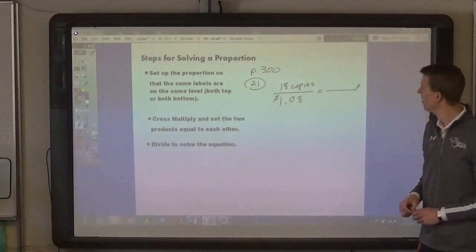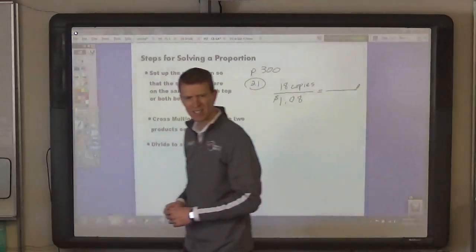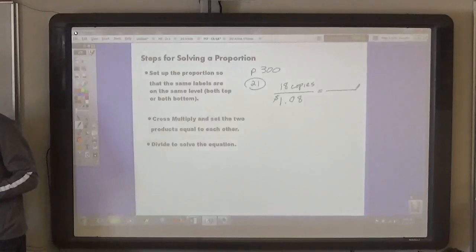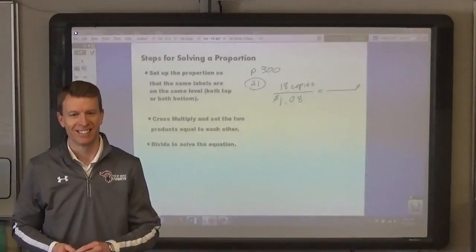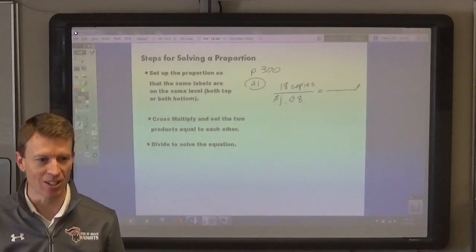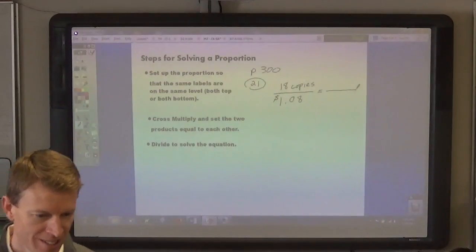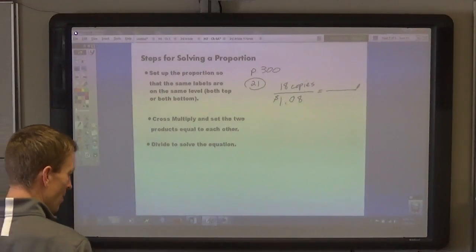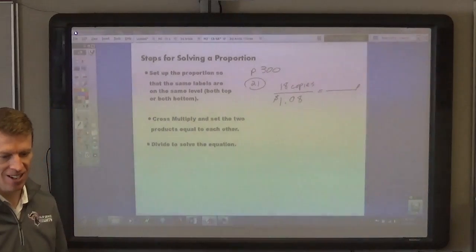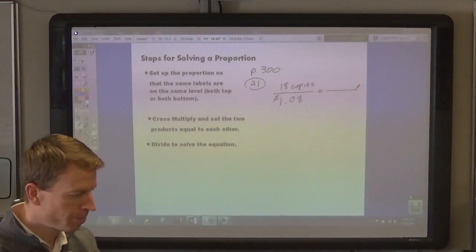It's coffees? At a coffee shop? No, it's a copy shop, like a Kinko's or an Office Depot or a UPS store. Set up a proportion.